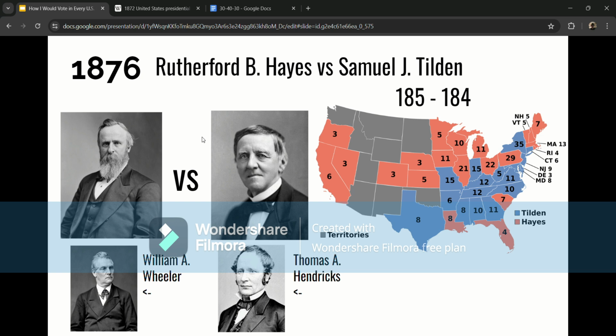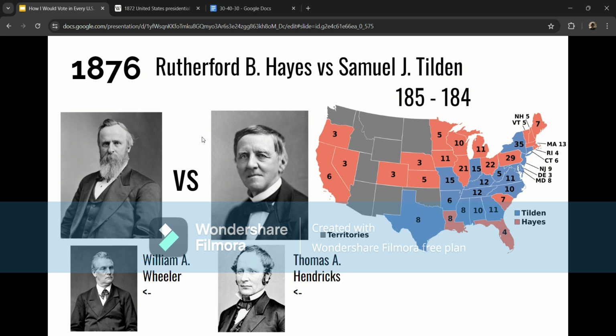I know Hayes is known for ending Reconstruction, and that's because of the electoral shenanigans that happened after this. But I would not have known that. In 1876, I'm pretending like I have no idea what would have happened prior to the electoral count, and I am voting for what candidate most appeals to me.